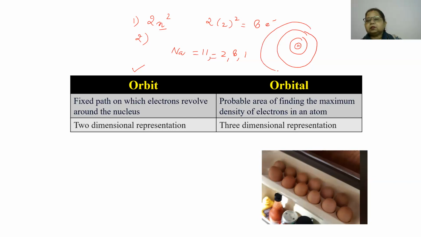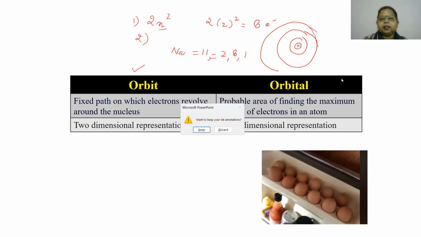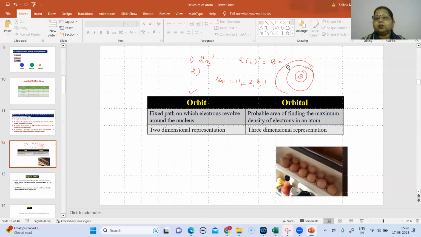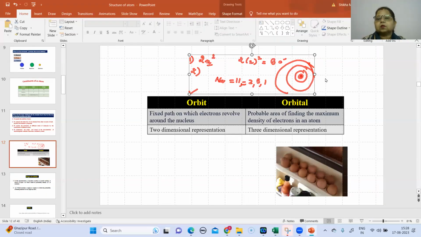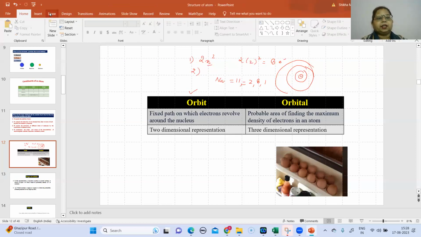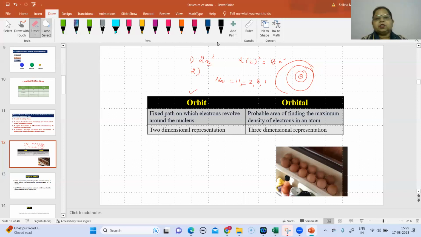And this is the third orbit. Now, if you have to find the electron, what do you have to do? You have to look into the entire area, which is the third orbit area.